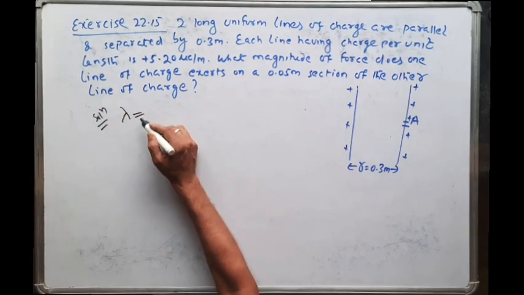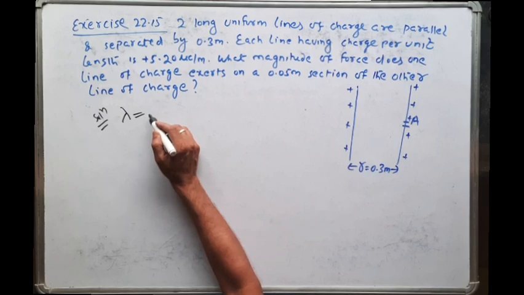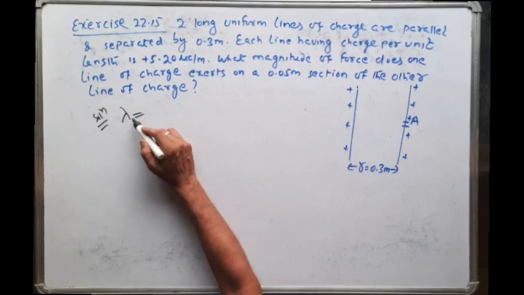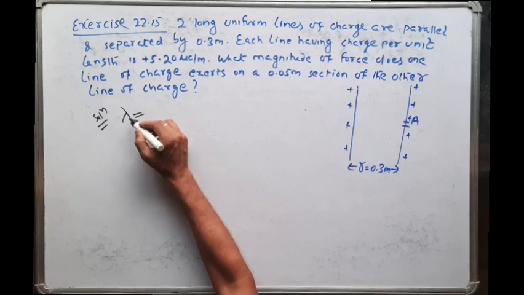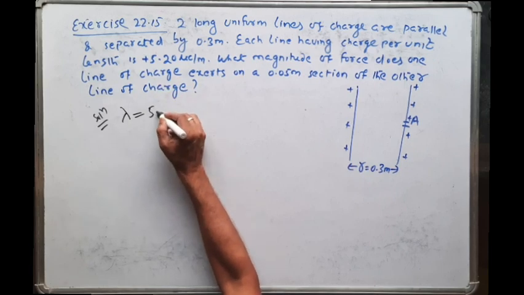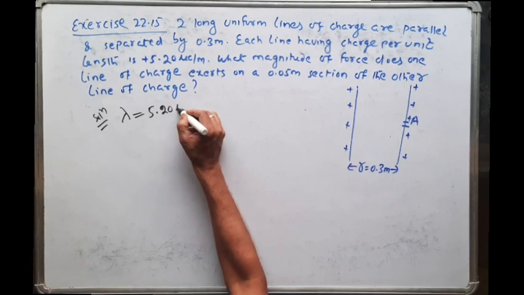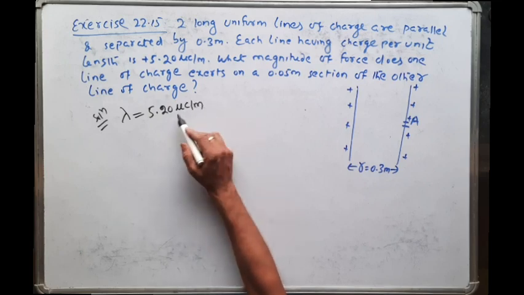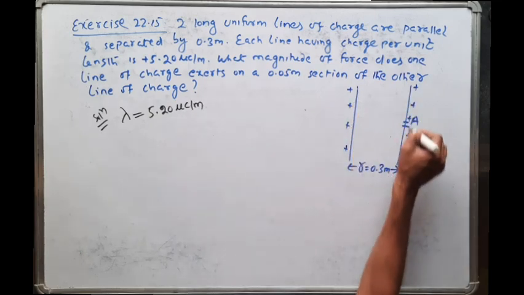So what is linear charge density? It is the total charge distributed per unit length, that is called lambda. According to the question, it is given as 5.20 microcoulomb per meter. This is the linear charge density of these two conductors.